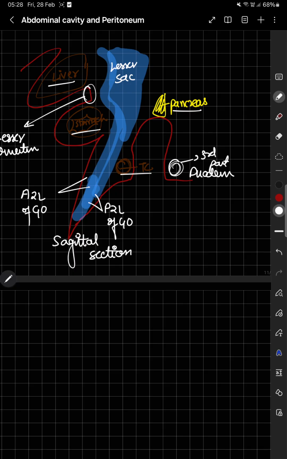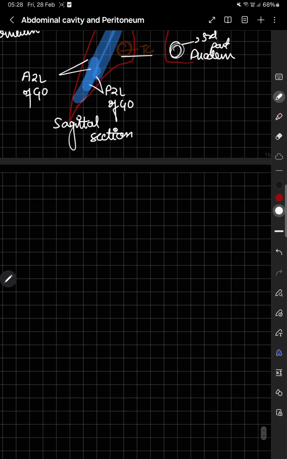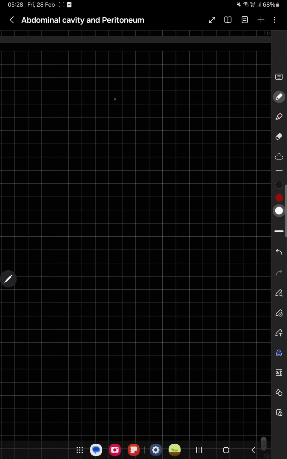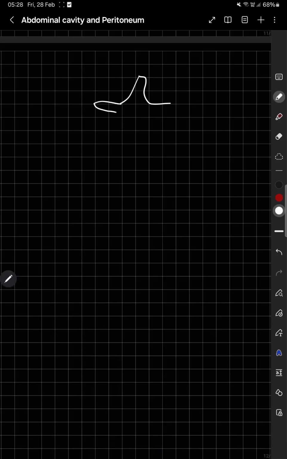Now we'll look into the transverse section. First we'll draw our vertebra, which is the T12 vertebra.